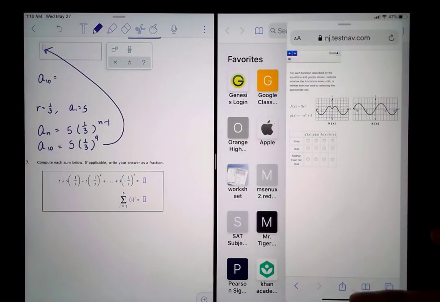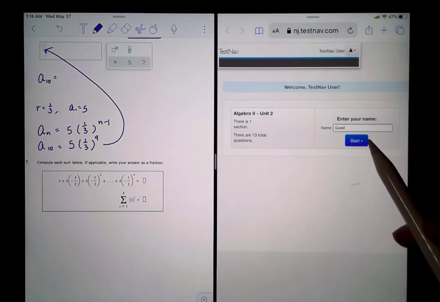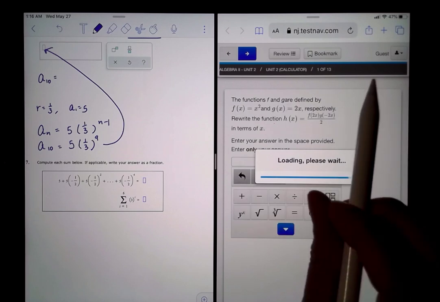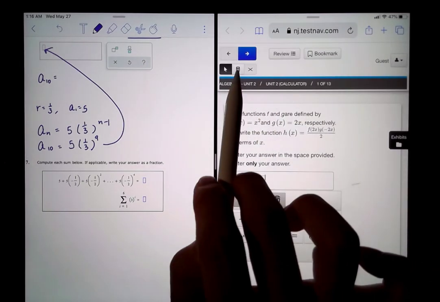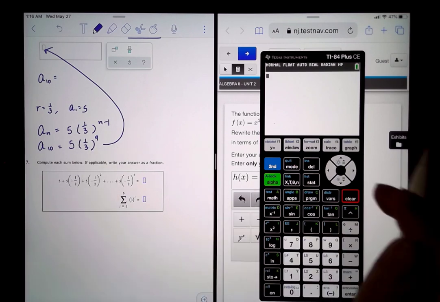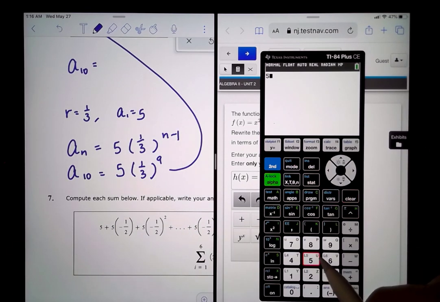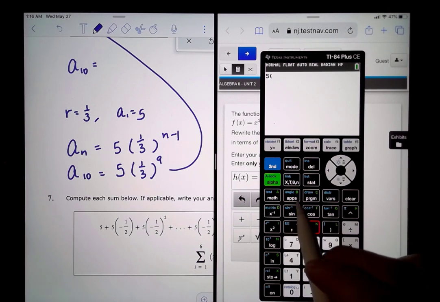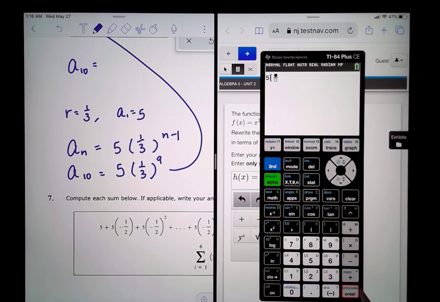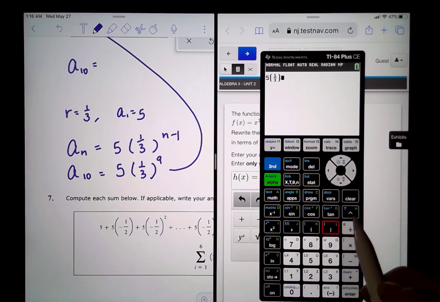Oh man, give me 1 second, guys. So guys, this website is so useful, right? Please use it. It's a free TI-84. So I just want to calculate this number, 5 times the fraction 1/3 to the 9th power, like that.